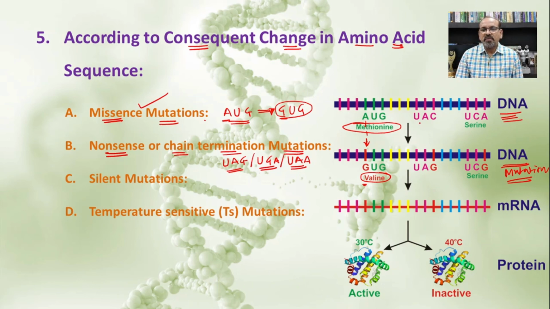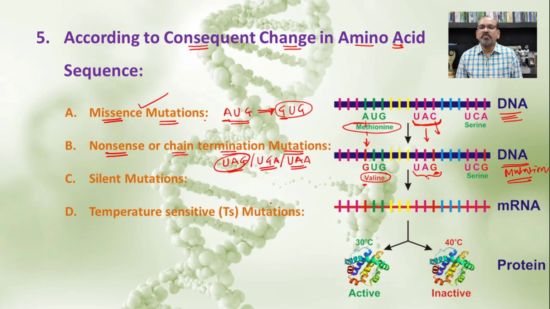Say for example, here earlier the sequence was UAC, and after the mutation at the third place it changes from C to G, and because of that the UAC is now changed into UAG, which is a nonsense codon or termination codon.